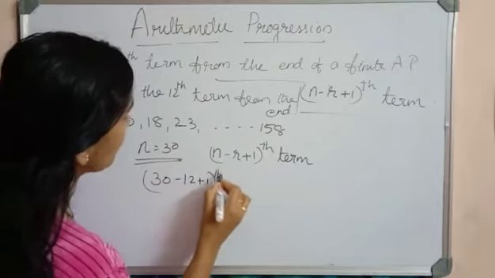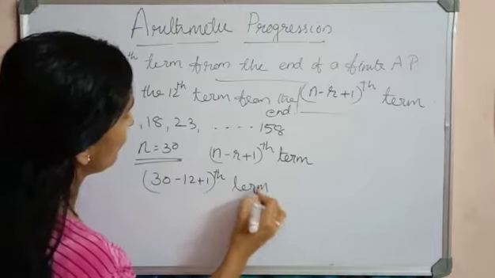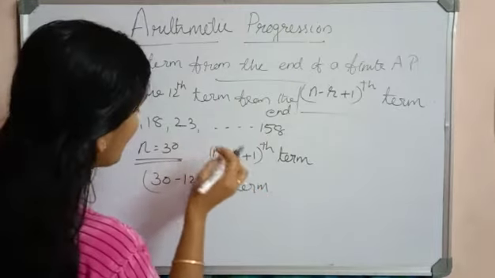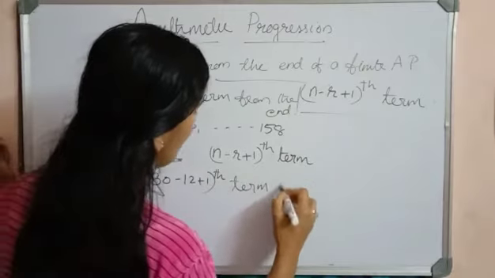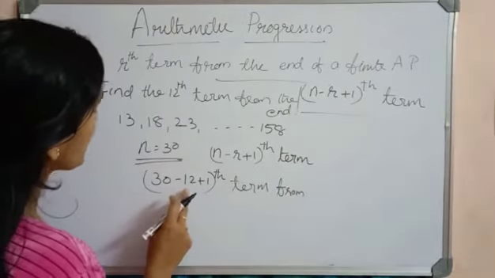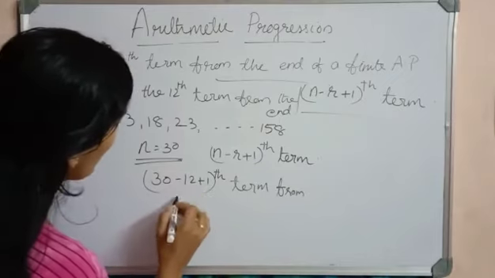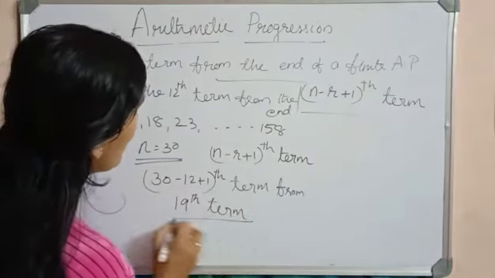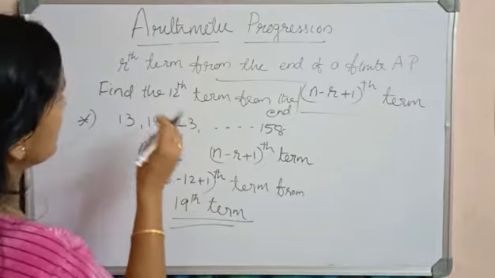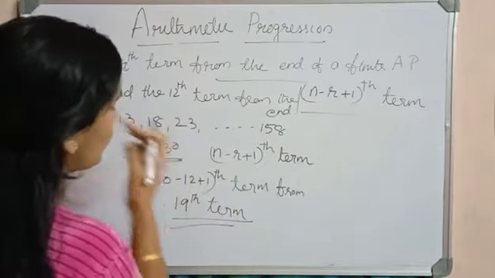That is what we need to find. So finding the 12th term from the end is the same as finding the 30 minus 12 plus 1th term from the beginning. That is 30 minus 12 is 18, 18 plus 1, the 19th term. That is, we need to find the 19th term from the beginning. So we will get the term which is the 12th term from the end of the given AP.